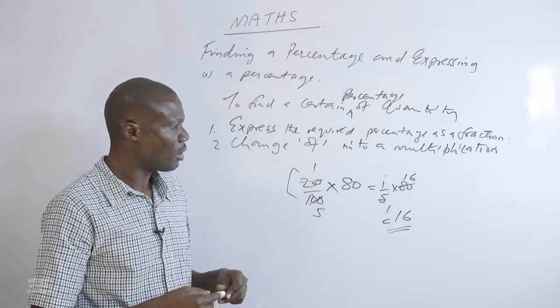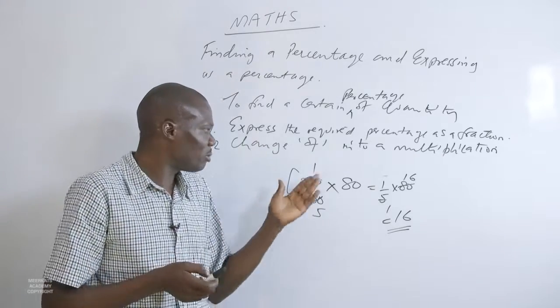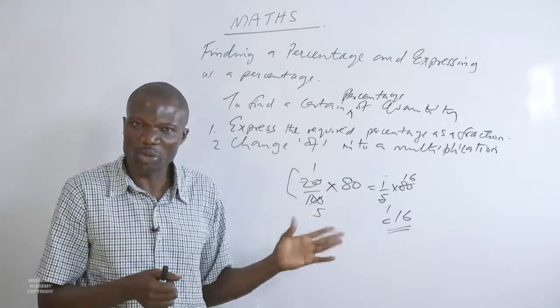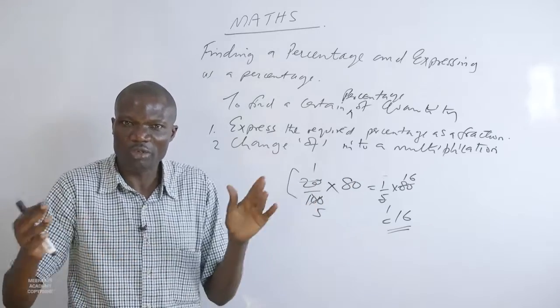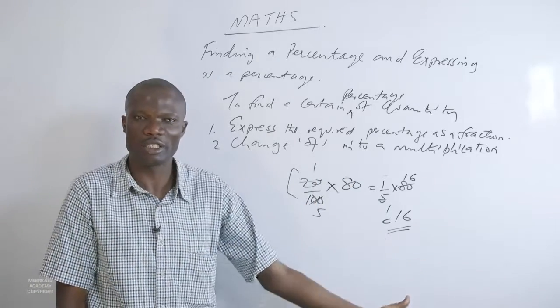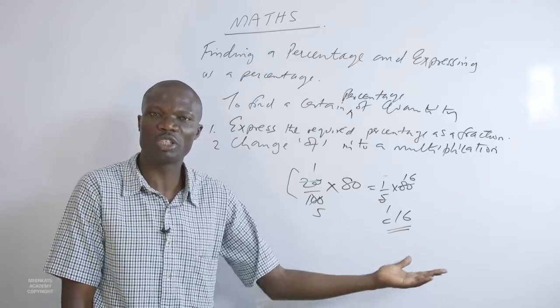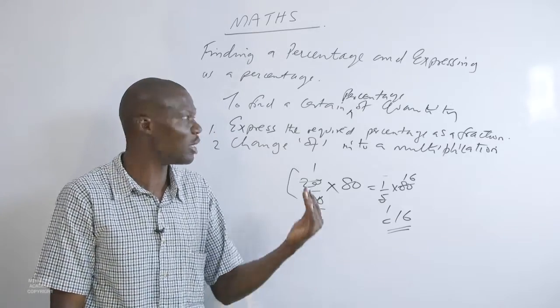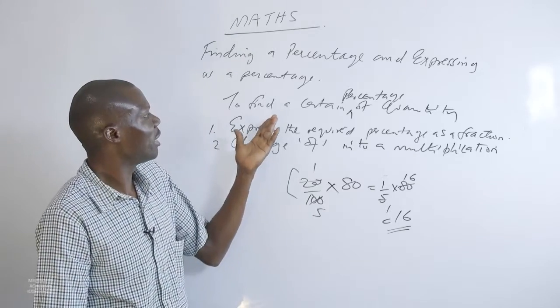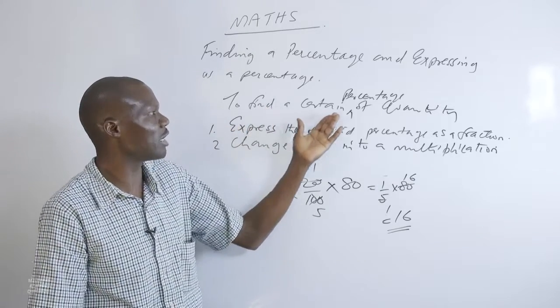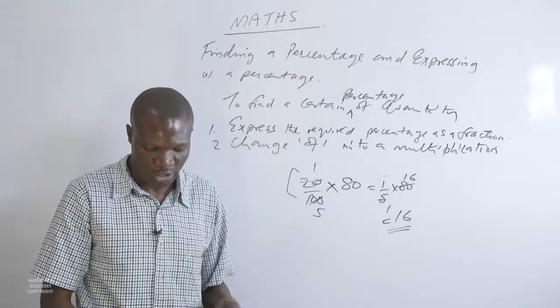So 20% of 80 is equivalent to just 16. If it was a certain quantity, then it will be 16 units. That is how we can find a certain percentage of a quantity.